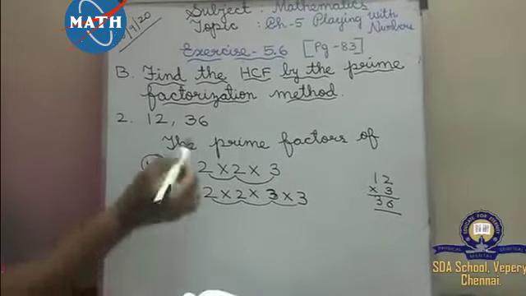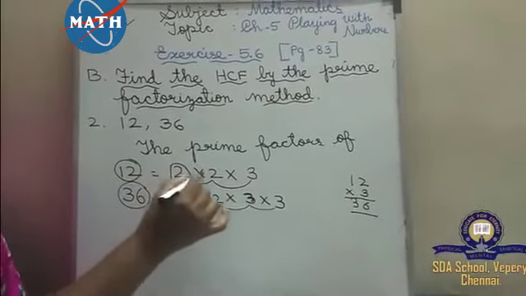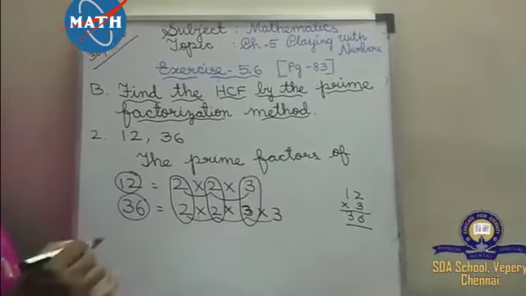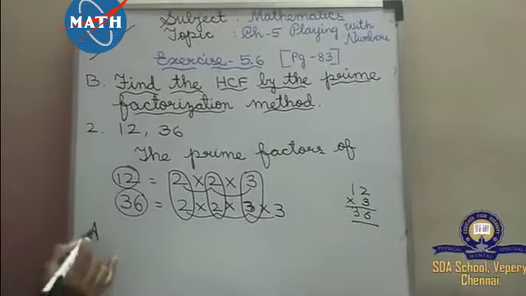Okay, children. So what are the common factors, children? See, here also 2, this is a common factor, and see this also 2, and then see here 3. So 2, 2, 3. Isn't it, children? So what's the answer?